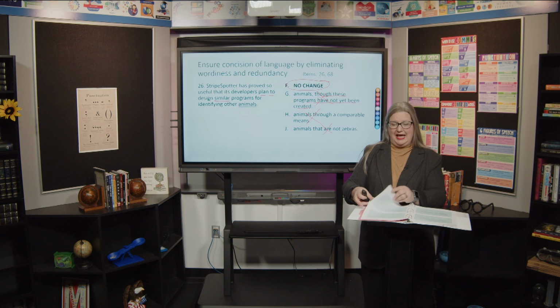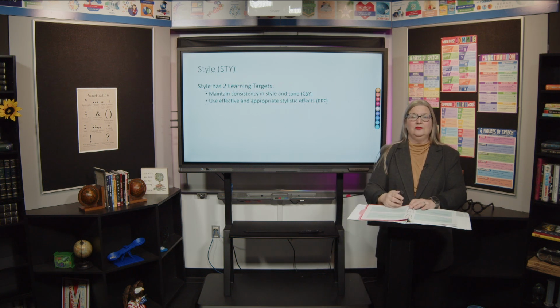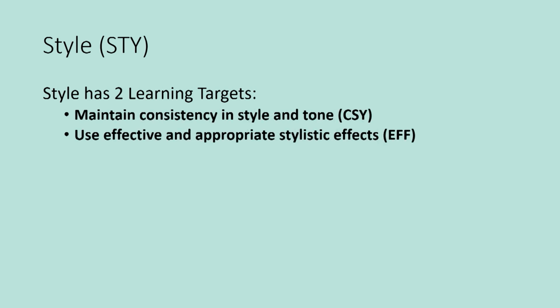All right, now let's look at the next sub-skill for knowledge of language, and that's style. Style has two different learning targets: maintain consistency in style and tone, and then use effective and appropriate stylistic effects. We are going to look at both of those.